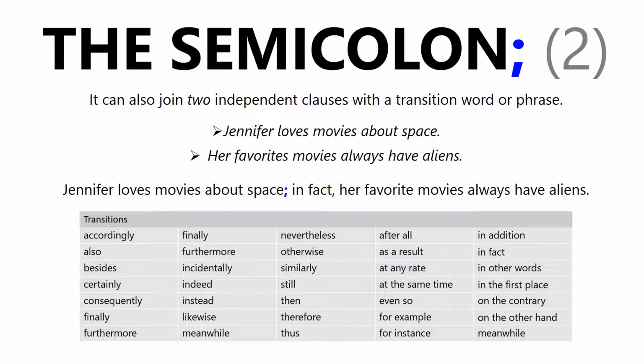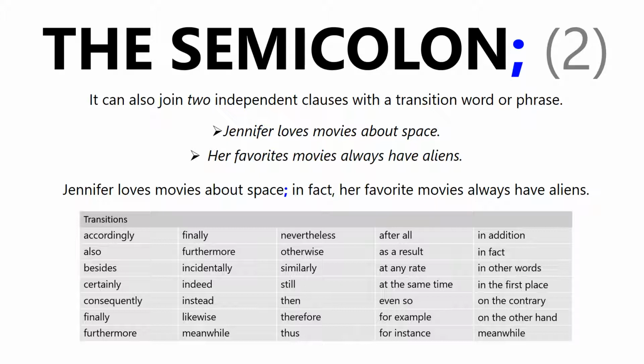So a semicolon can also join together two independent clauses with a transition word or phrase. Now, a transition word or phrase is something like accordingly, furthermore, similarly, at any rate, in other words, in the first place, meanwhile, on the other hand, likewise, etc. So we can take our two sentences from the previous example and join them together like this.